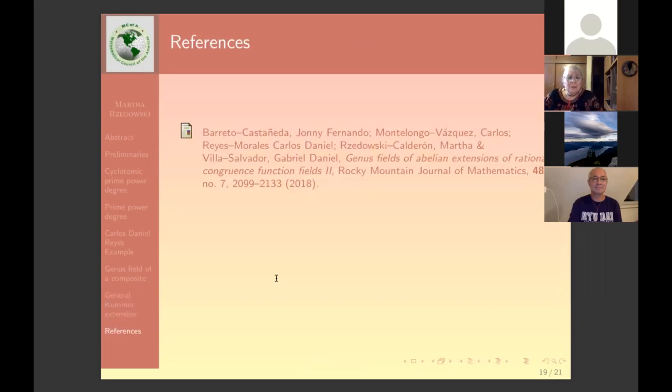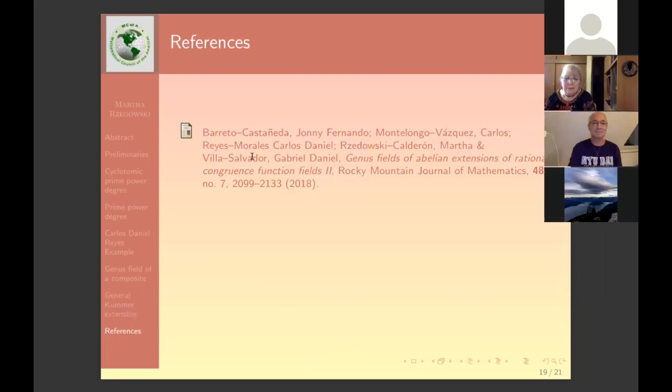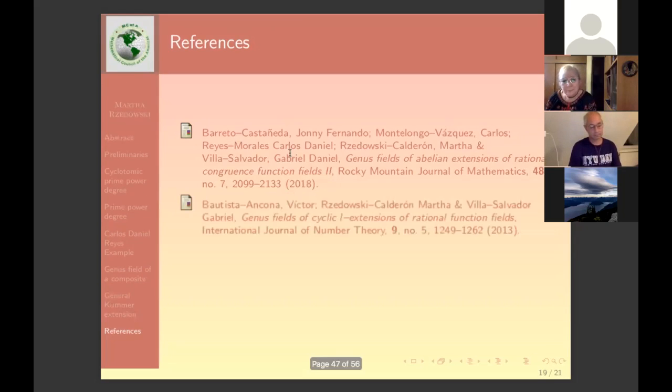Well, let me tell you about the references. In this reference several things are developed, but also these Dirichlet characters for function fields. In this one, that is with a colleague, we work with genus fields of cyclic L extensions.